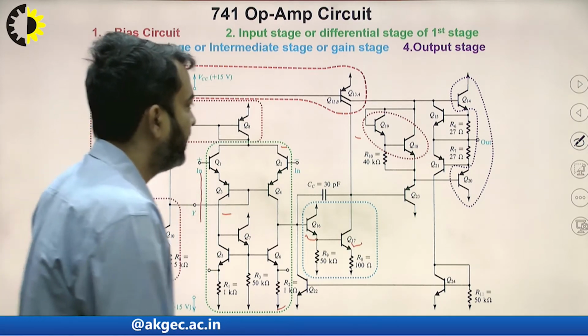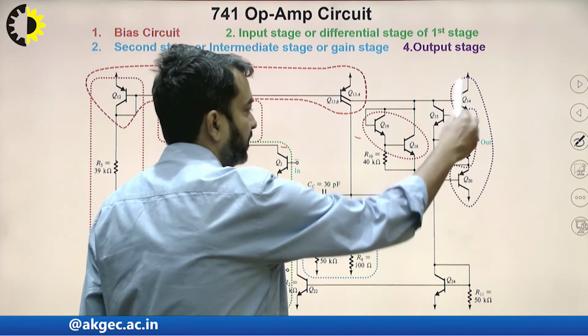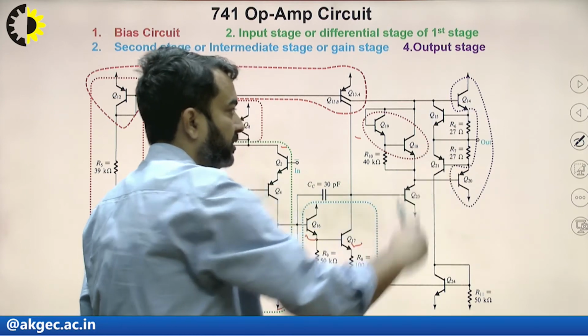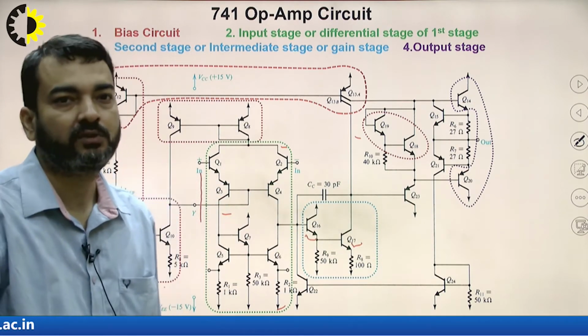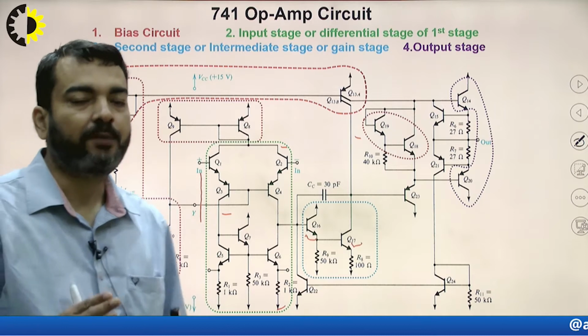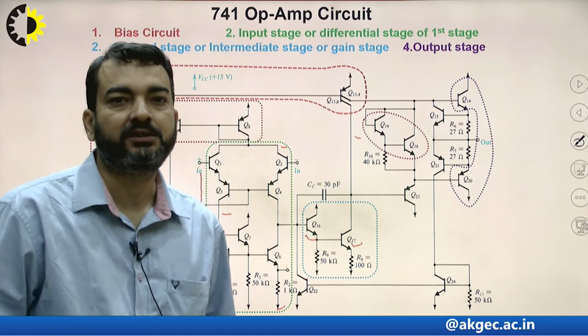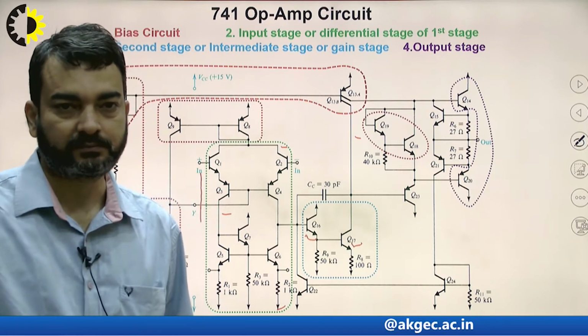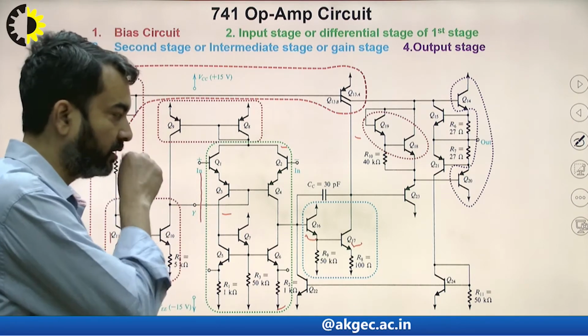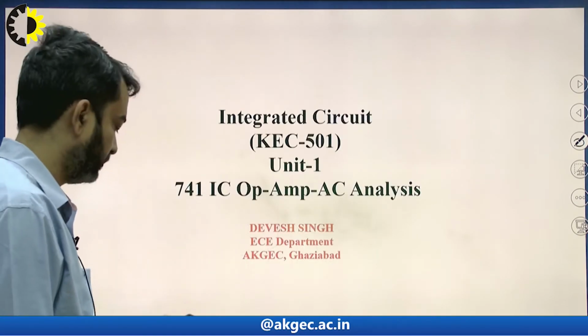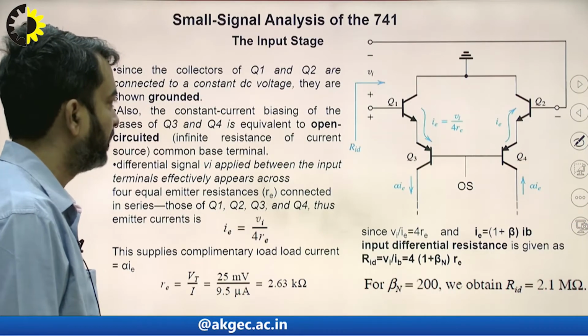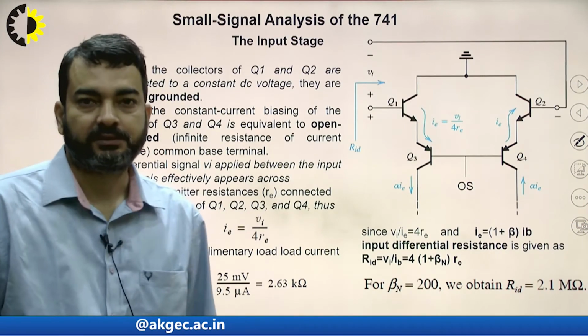And then we have the class AB output stage consisting of transistors Q14 and Q20. We have performed the AC analysis of these three stages separately. So here, this is the AC analysis.